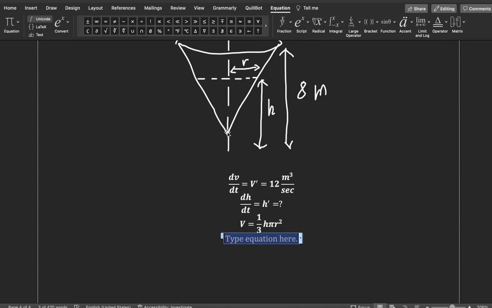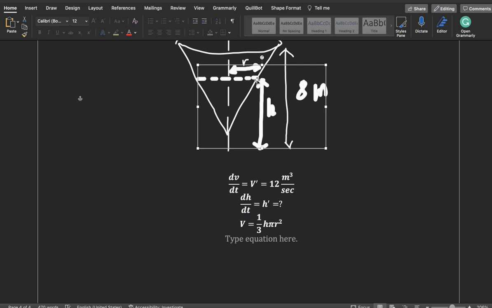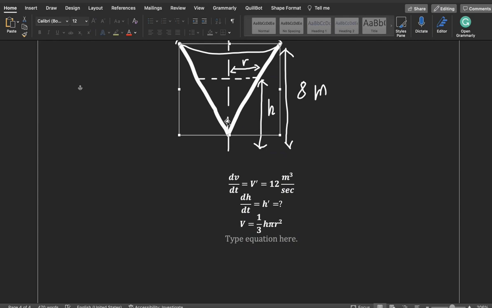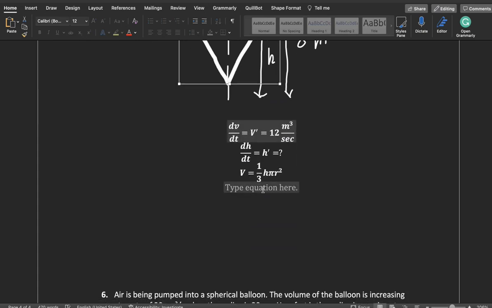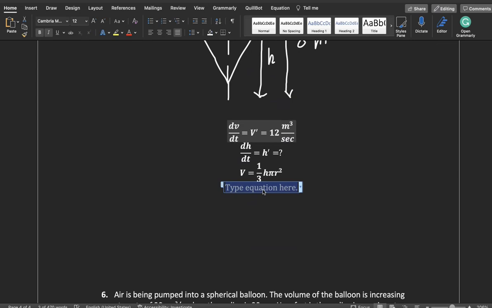Going from the top of the conical tank down to the liquid, the whole thing is a triangle when you project it into 2D space.